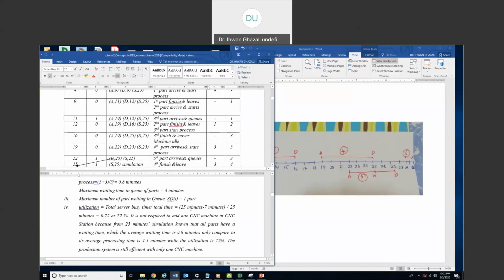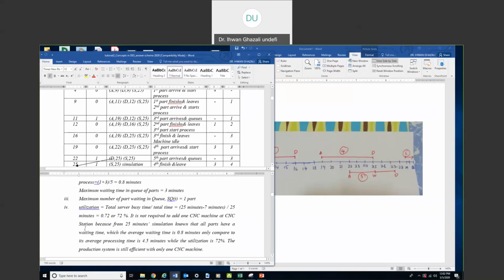So 25 minus 7 over 25, we get 0.72. So the utilization of the machine is 72%. So based on this situation, we don't need to add one more CNC machine because it is still up to 50%. Yeah, this is 70%.